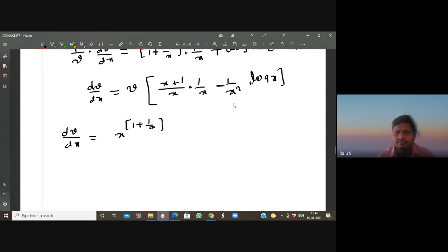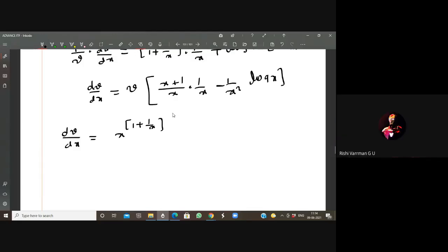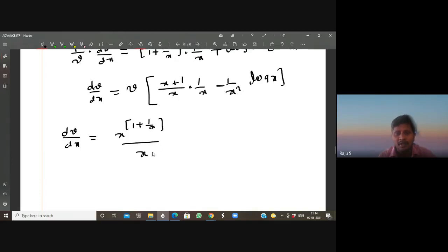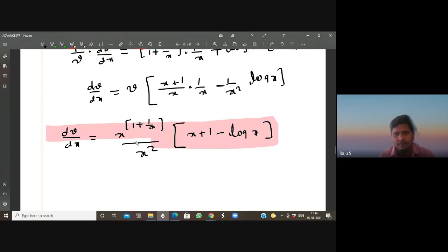Any common here? 1 by x square is common. When you take 1 by x square outside, x square in the denominator, we get x plus 1 minus log x. This is the v derivative, that is dv by dx.